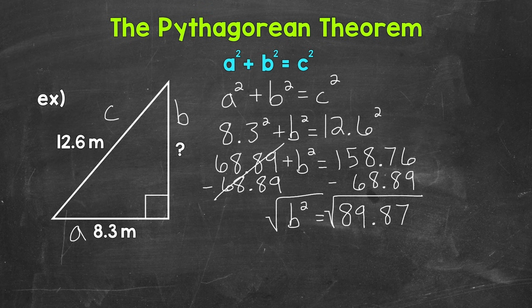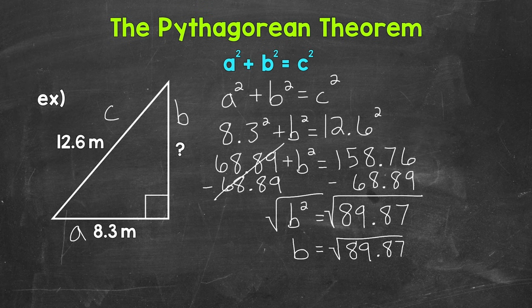B is now isolated, so we have B equals the square root of 89 and 87 hundredths. That's not a perfect square, so we do not end up with a whole number answer.